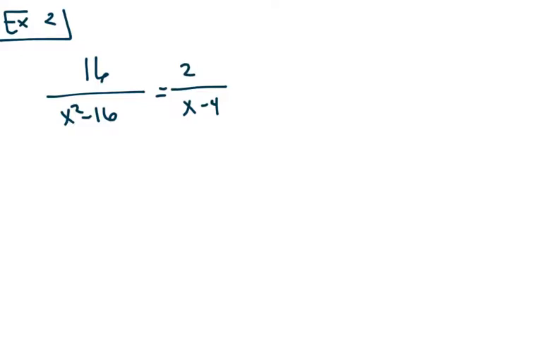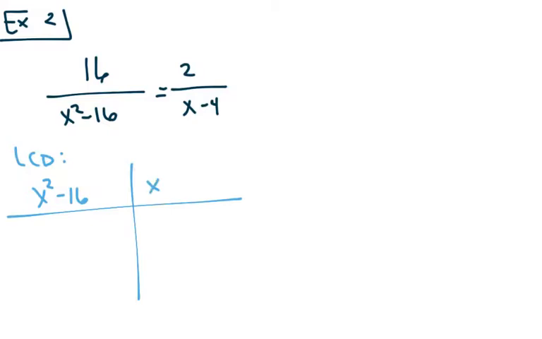So step 1 is finding the LCD, which, if you remember factoring and the LCM stuff, take these two. Step 1 is factor this here. So you would get x minus 4, x plus 4.